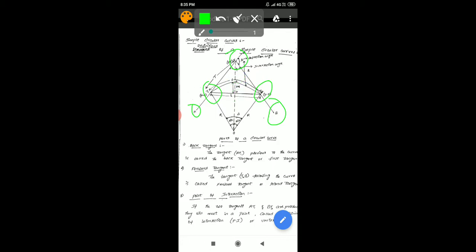Next, from C to D the distance is the mid ordinate. Next, O is the center point of the curve, and E is the distance from here to the mid ordinate.